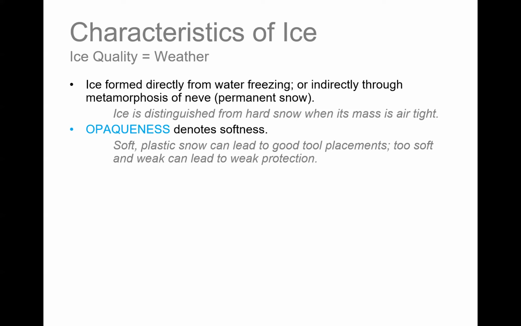When you put your pick into the snow, it sticks, it's a bomber hold, and you can move on. If it's too opaque, then it just falls off. You're going to hear this a lot: it's a fickle medium. But when we talk about opaqueness, we want to think about how soft or hard the ice is.